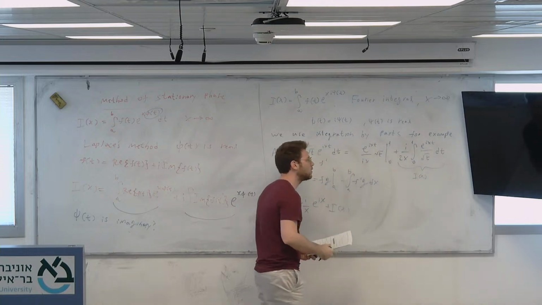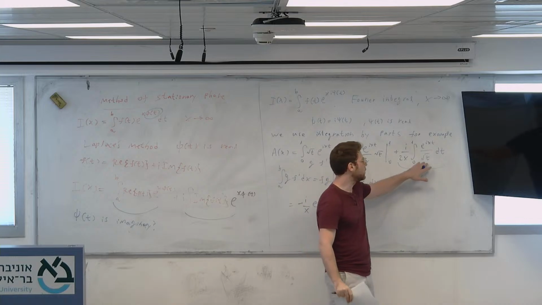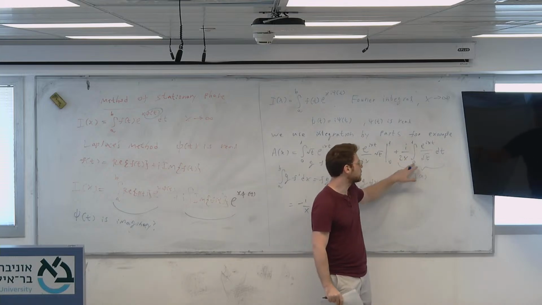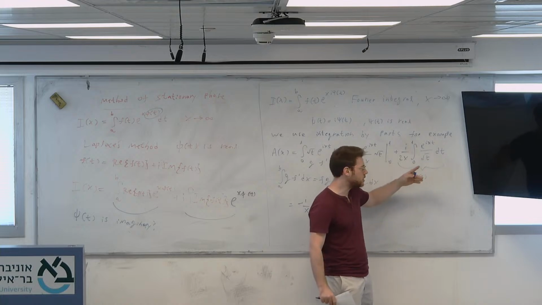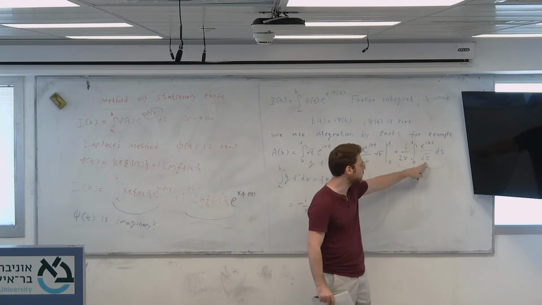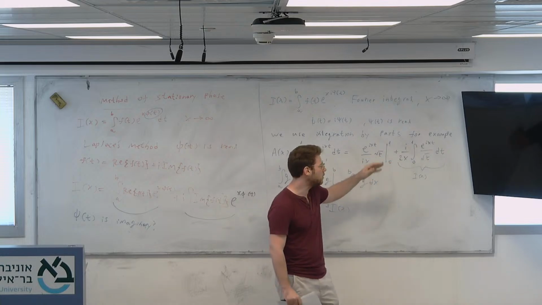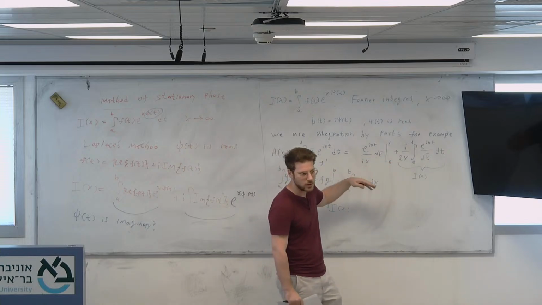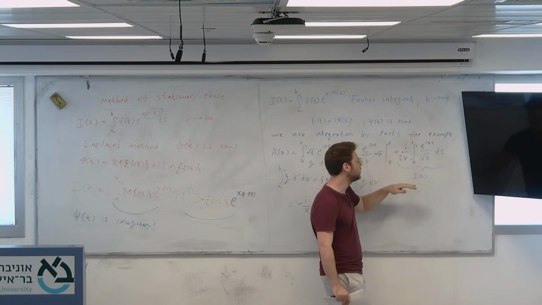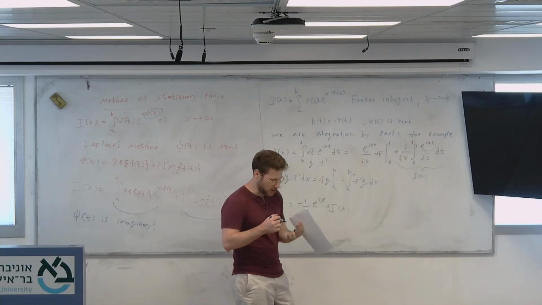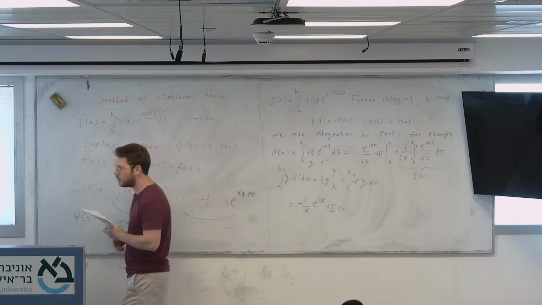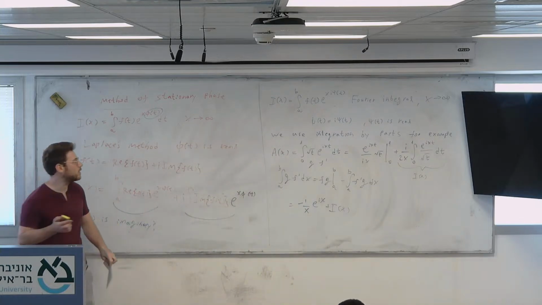And it turns out computing this is not very simple because when t goes to 0, this explodes, right? So you can't keep doing integration by parts because in the boundary you get something that explodes, right? You get 1 over t or 1 over t to the power of 3.5. So we're going to use something else. We're just going to solve it exactly.